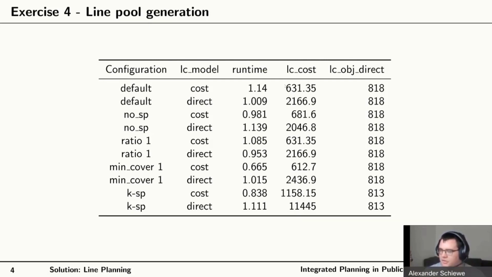And you see here, if you just use the default parameters, you get an optimal cost of 631. But if you plug in a bad line pool, for example, just using the k shortest path problem, so I just add shortest paths to the line pool and not look at other ways to do that, my optimal costs are nearly doubled compared to the real line pool.